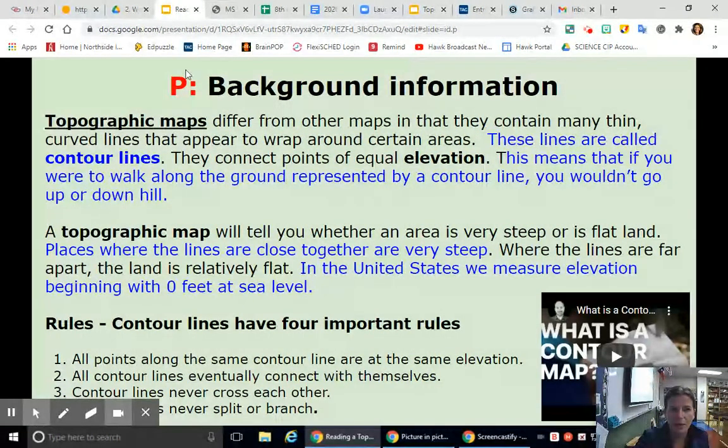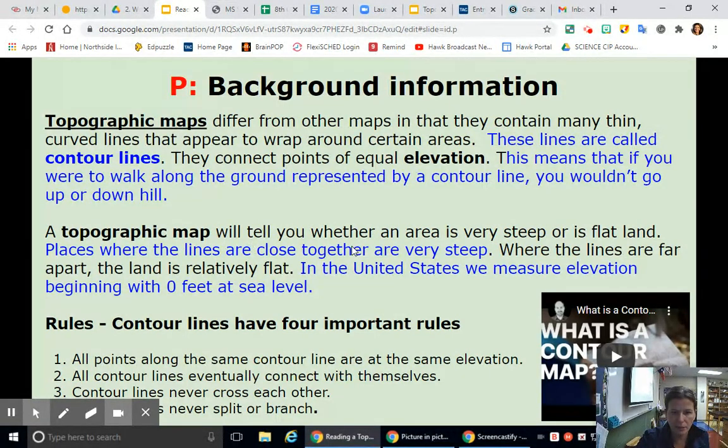Let's go over some background information as some practice. Topographic maps differ from other maps in that they contain many thin curved lines that appear to wrap around certain areas. These lines are called contour lines. They connect points of equal elevation. This means that if you were to walk along the ground represented by a contour line, you would never go up or downhill.